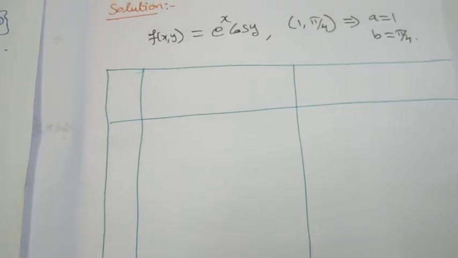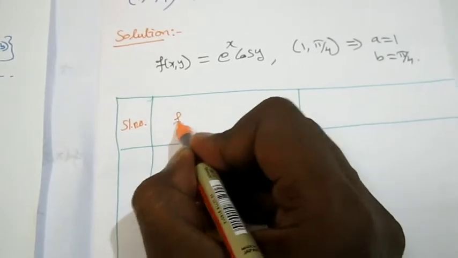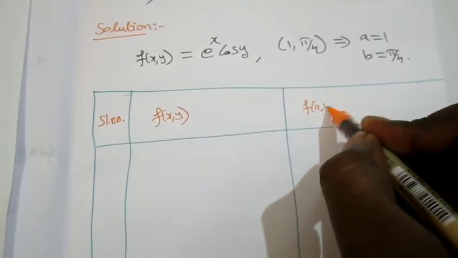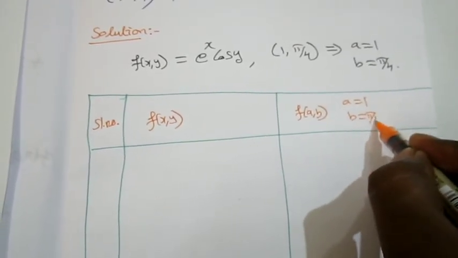So in the table, first serial number f of x comma y, this is f of a comma b, a is 1, b is pi by 4.